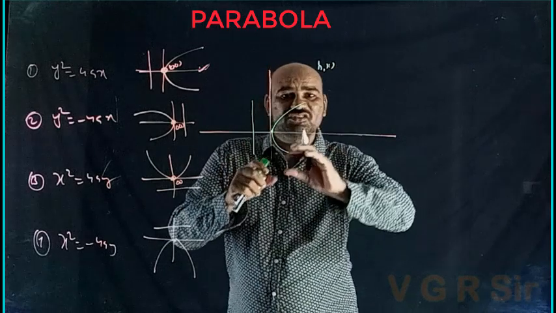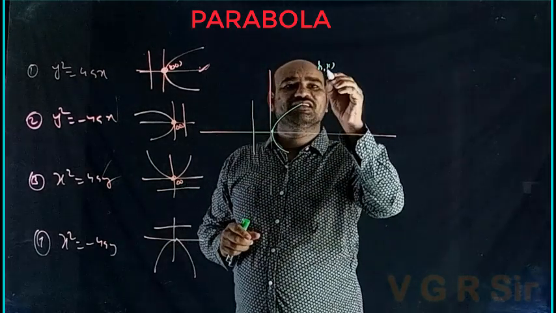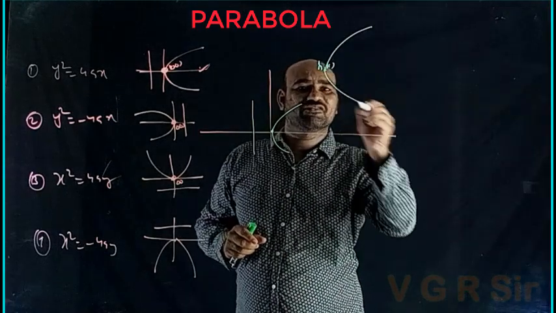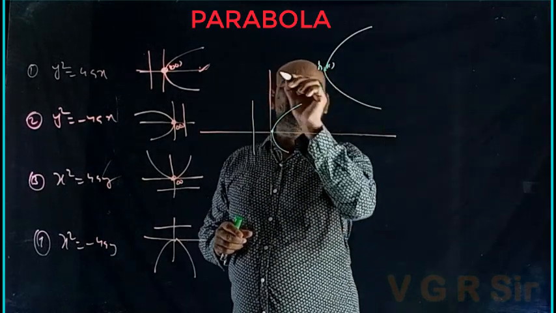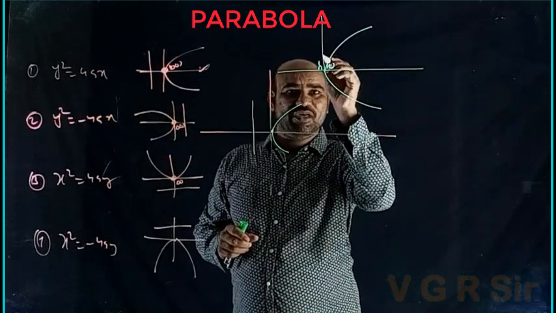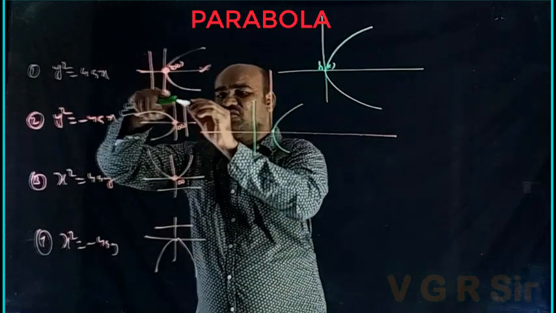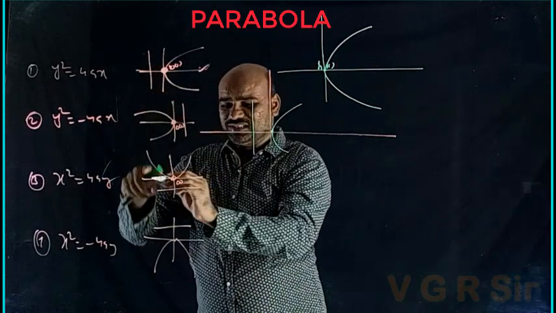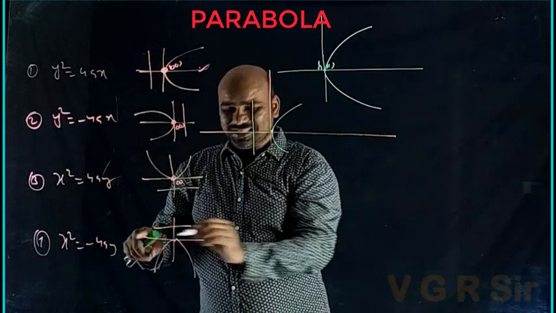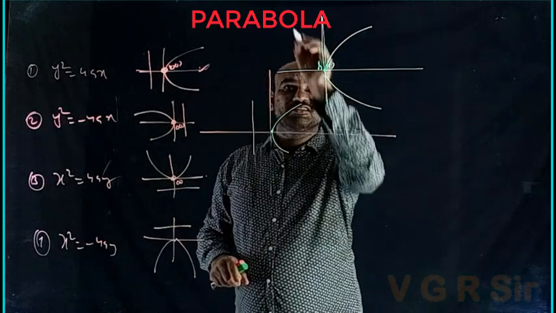Our total system is shifted to h comma k. So this becomes the graph. This becomes the axis. This becomes the tangent of the parabola. For all of these, the y-axis is the tangent of the parabola, and the x-axis is the tangent of the parabola. This is the tangent of the parabola. This is directrix.